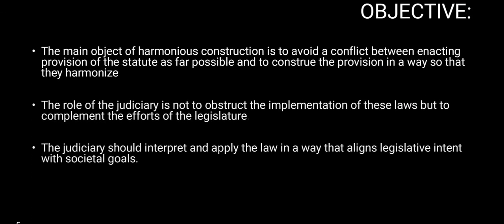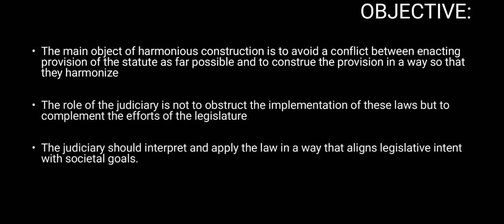Now the objective. The main objective is to avoid conflict. The conflicts that come up regarding decisions, opinions, and all these things are settled at once by this Doctrine of Harmonious Construction. Different obstacles that come between two provisions are settled by this harmony doctrine.